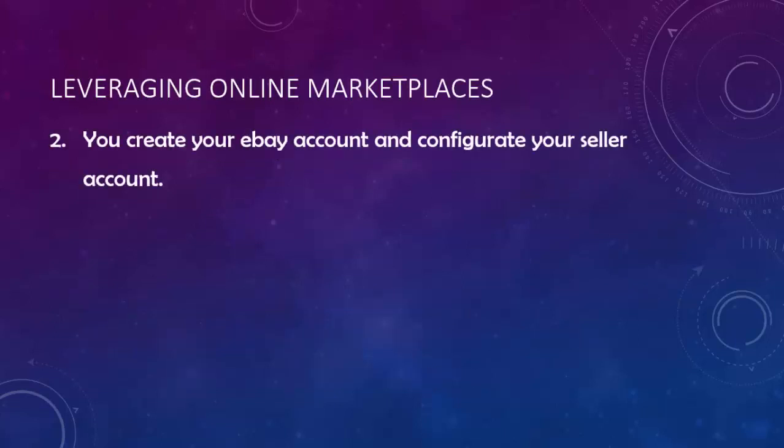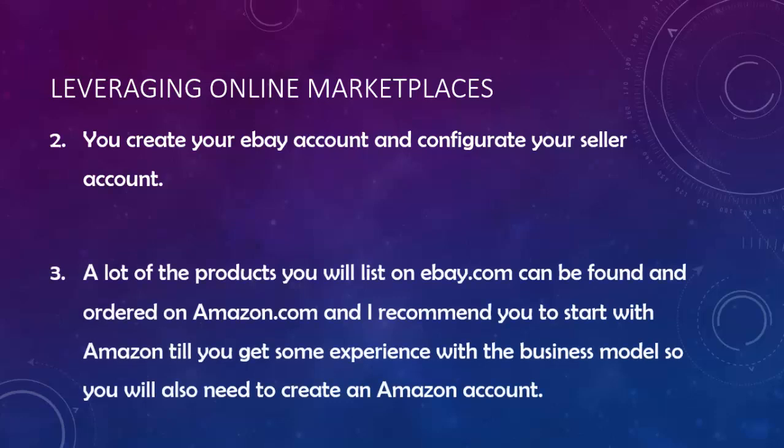Now, the second step is to create your eBay account and configure your seller account on ebay.com. I will show you exactly how your seller account should look and how it should be configured. Then, a lot of products you will list on eBay can be found and ordered on Amazon.com, and I recommend you start with Amazon until you get some experience with the business model.